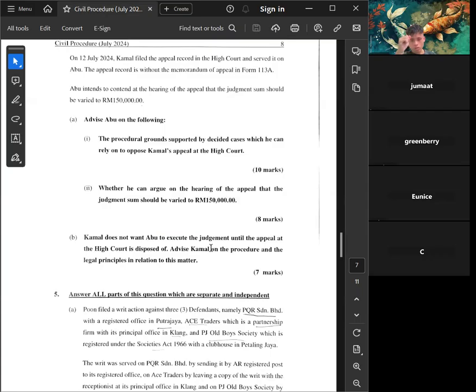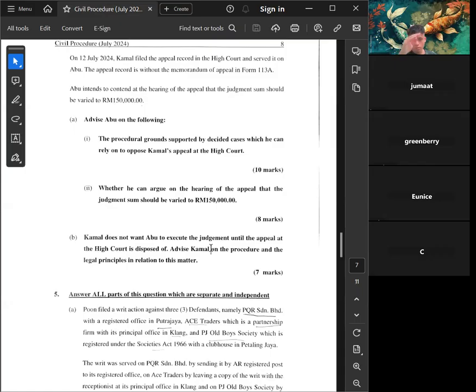The landmark case is Serangoon Garden, because the judge in the case quoted that the parties shall not be deprived of the fruits of litigation, so the court used a special circumstances test to determine whether the stay of execution should be granted.